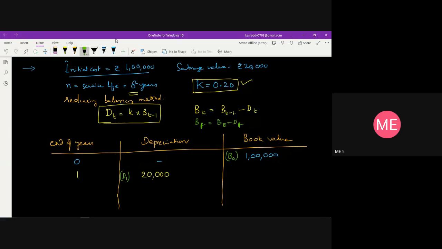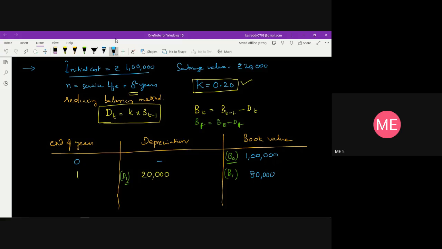B0 we know and D1 we know. So B1 is 1 lakh minus 20,000, which gives 80,000. It is a constant fixed percentage on the book value of the previous year.